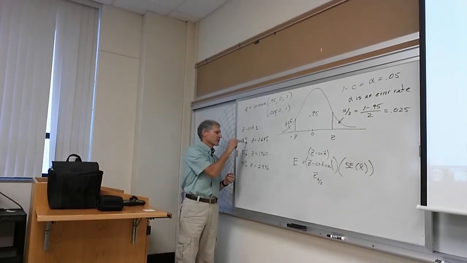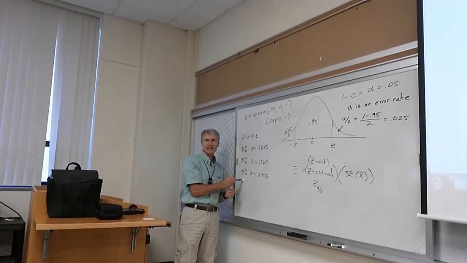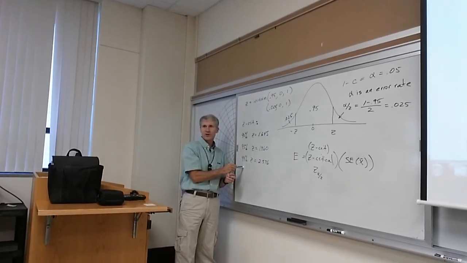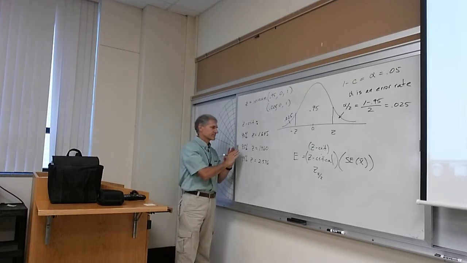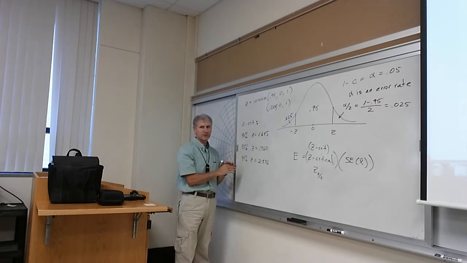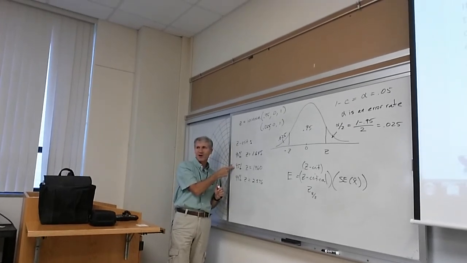Now these three are what I call the big three. 90, 95, and 99% confidence. Those are the ones that get used in practice. I started to say 95%. This one gets used in practice 95% of the time. Almost always we do a 95% confidence interval.